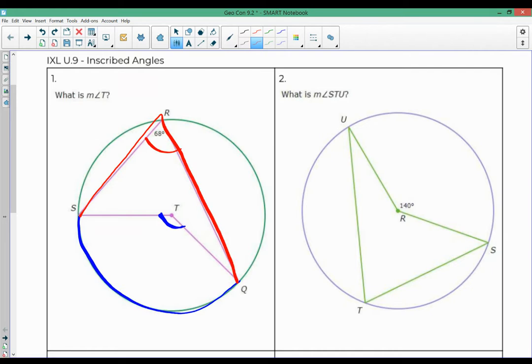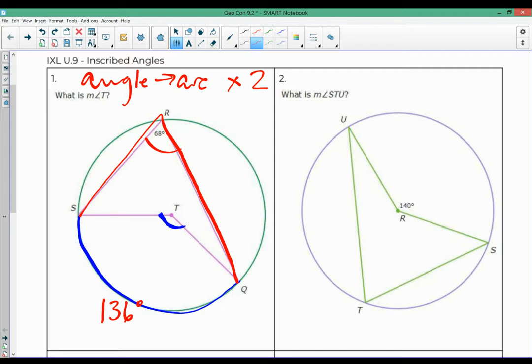The way that we use inscribed angles is if I have the angle and I'm going to the arc, I multiply by 2. So 68 times 2 gives me 136. So that means that this arc is 136 degrees.